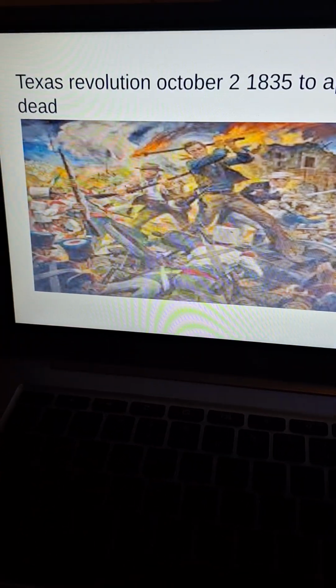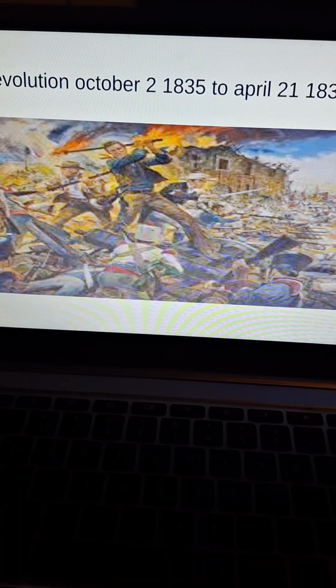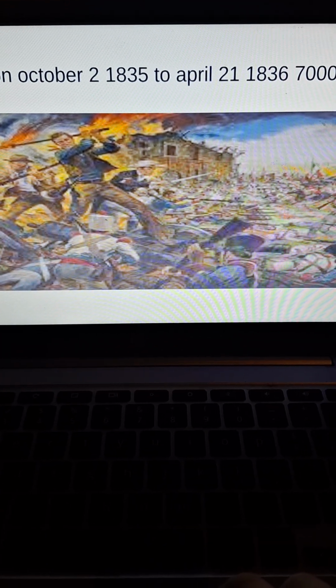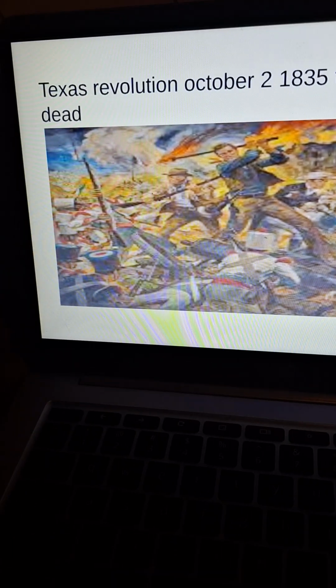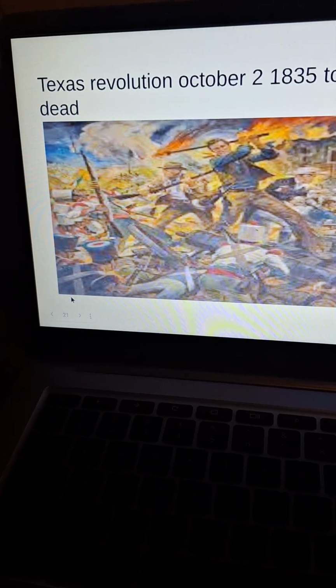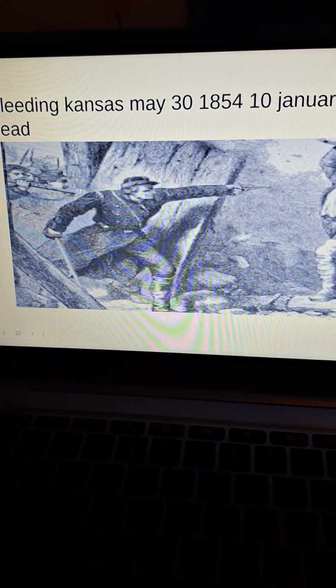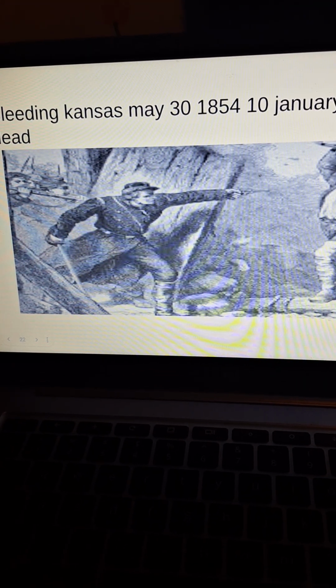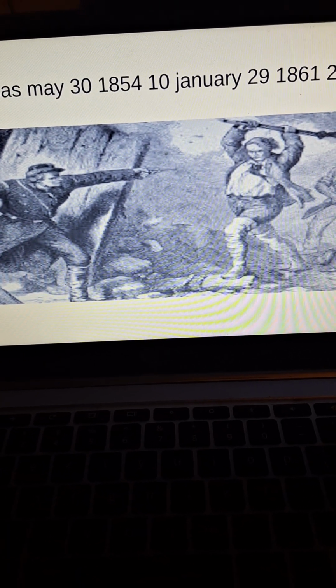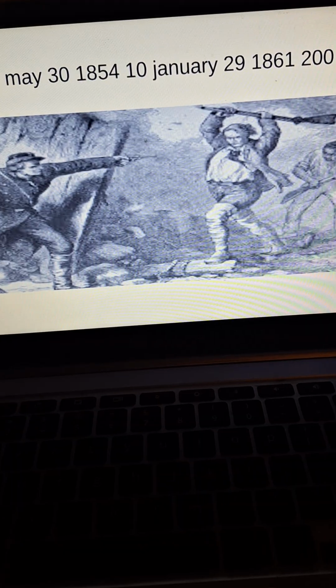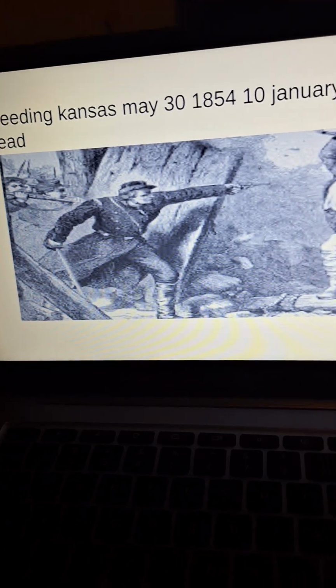The Texas Revolution, October 2nd, 1835 to April 21st, 1836. 7,000 Americans died. Bleeding Kansas, May 30th, 1854 to January 29th, 1861. 200 Americans dead.